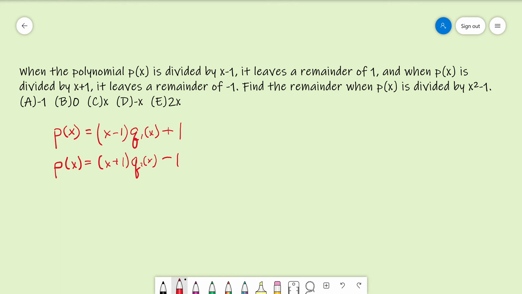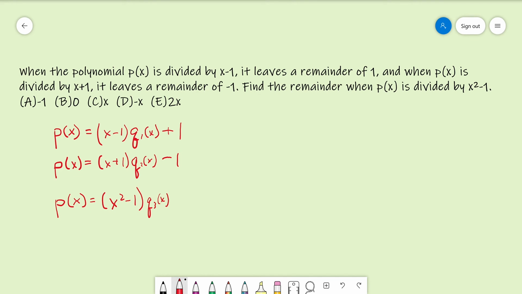And then we're asked what the remainder is going to be when we divide by x squared minus 1. So we're asked, if we write p of x is equal to x squared minus 1 times some polynomial, say q3 of x, what's our remainder going to be?